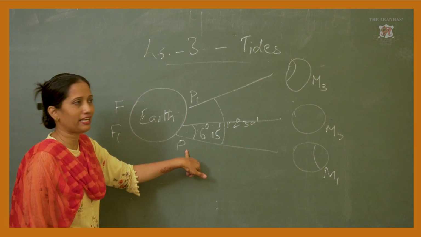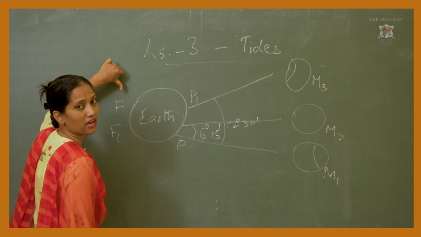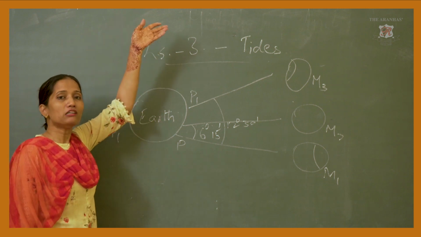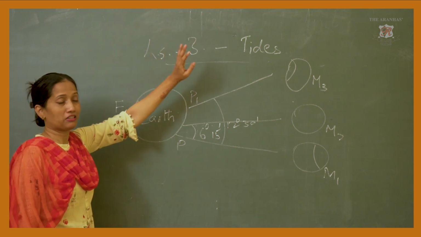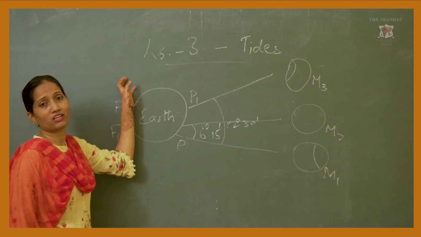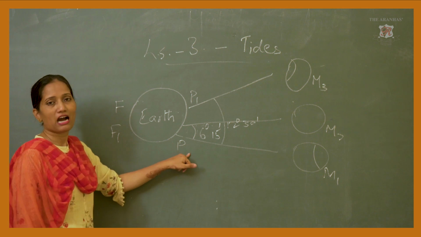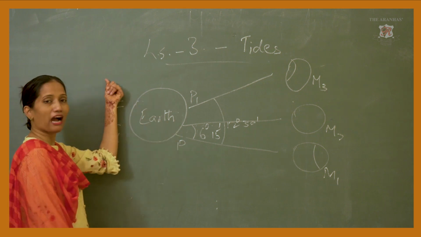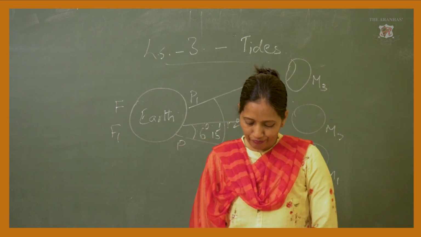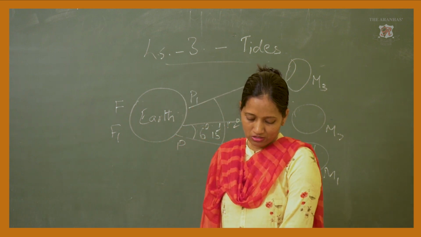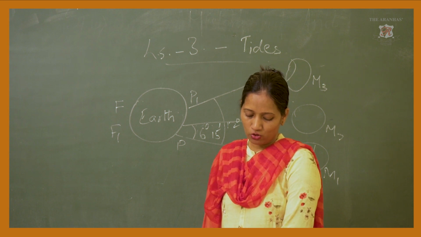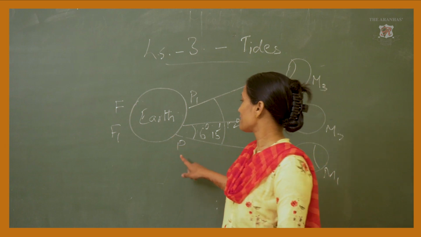If there is a high tide over here, there will be a high tide in the same direction on the other side of the earth. Suppose it is America over here, then it could be some other country over here. So if a high tide occurs in America, then the high tide occurs over here also. That is what it says: the antipodal location to the point P will also experience high tide at the same time.